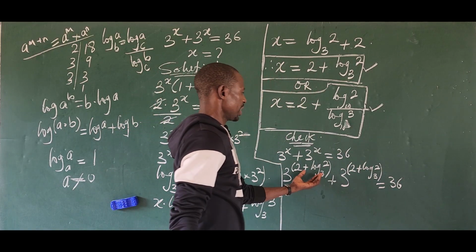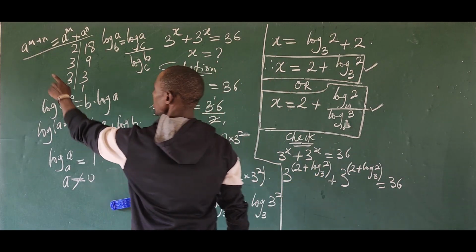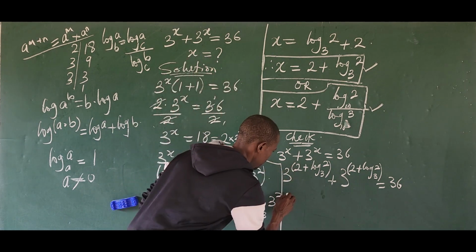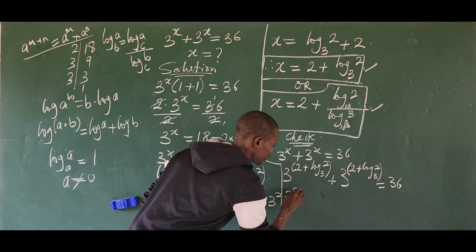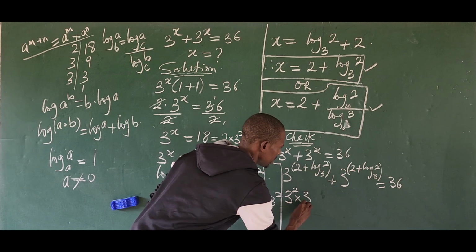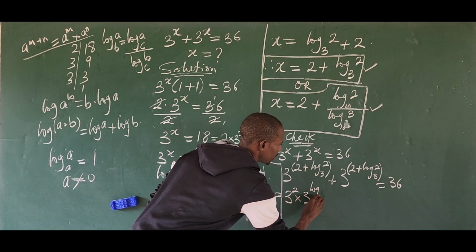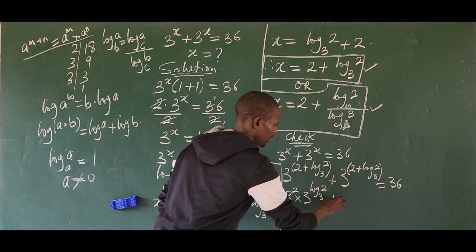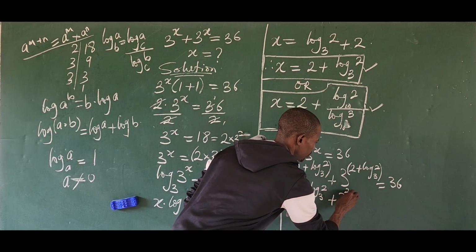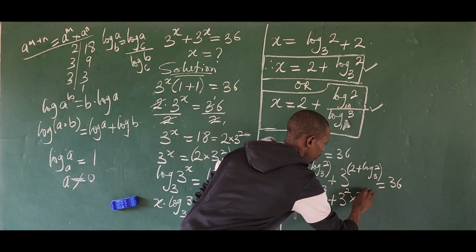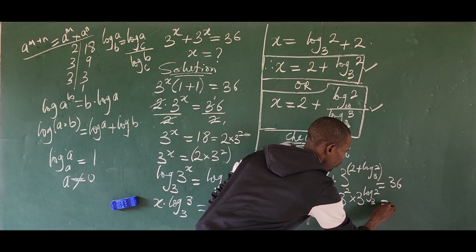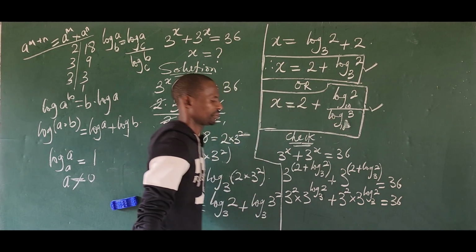So we are having this expression in this format, and we want to take it to this format. And so this is going to give us 3 to the power of 2 times 3 to the power of log 2 base 3, plus 3 to the power of 2 times 3 to the power of log 2 base 3, equal to 36.